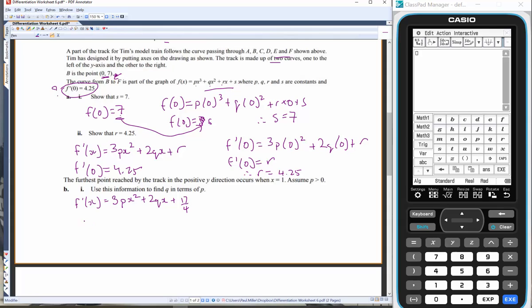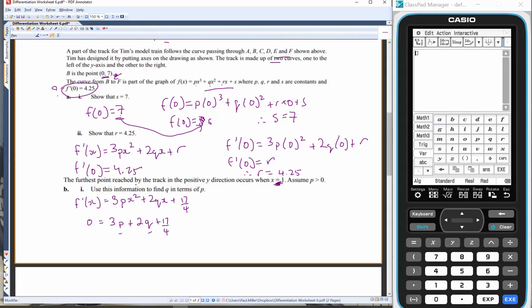All right, now what we're going to do is say that f'(x) is going to be 0 when x is equal to 1, because the gradient is 0 when x is 1. So that's going to be 3p, now notice I'm not showing the substitution here because it's not a show that, plus 2q plus 17 on 4. Okay, we're in business now.